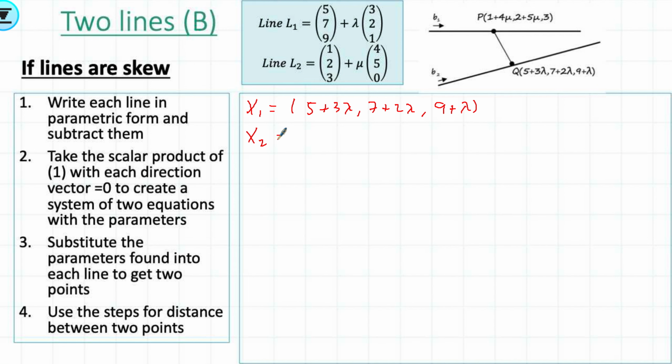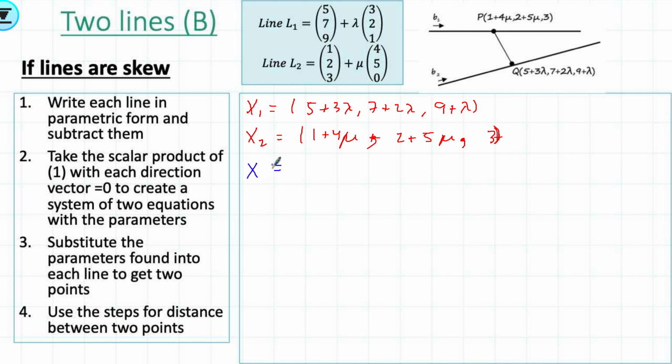And then we'll call x2 the parametric form of line 2, with 5 mu, and 3, just 3.